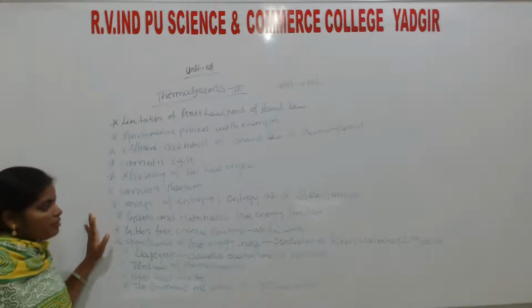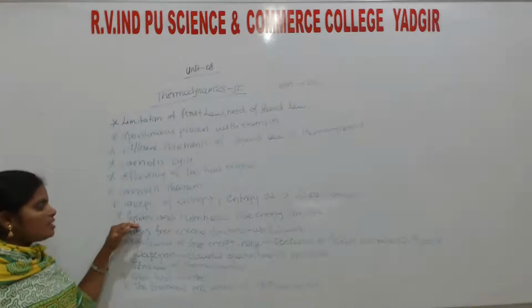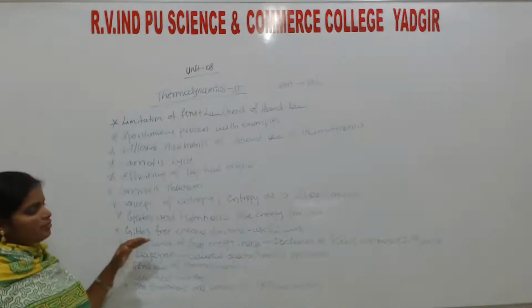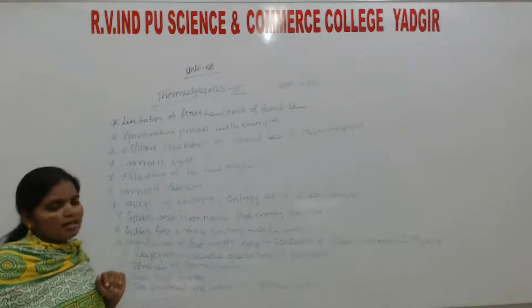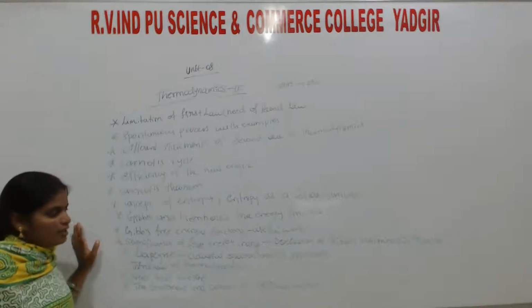Next, the concept of entropy and entropy as a state function, and Gibbs and Helmholtz free energy functions. The use of Gibbs free energy functions is for work. And then the significance of free energy change.